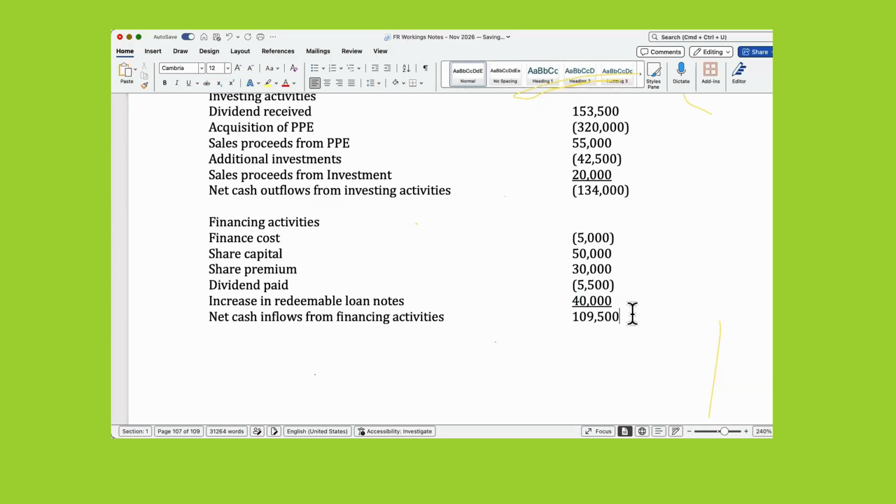So let's do the reconciliation of cash and cash equivalents. First is my opening cash and cash equivalents.